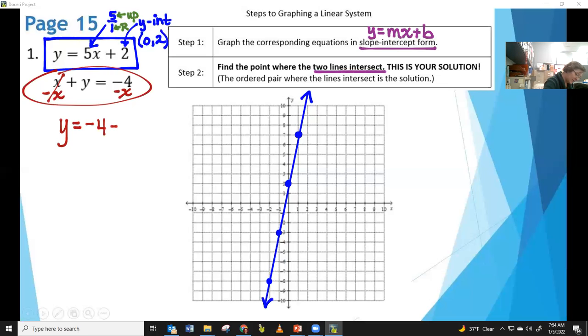Minus 4 minus x. So does that mean that this is my slope? No. Can you tell me another way to write this? I'm not going to erase it. What's another way to write this so that I see my slope right after the equal sign?